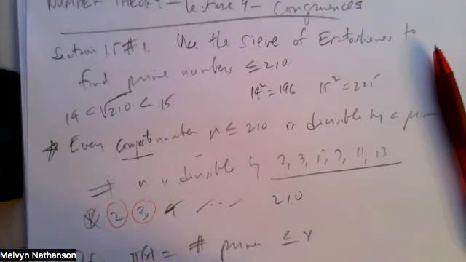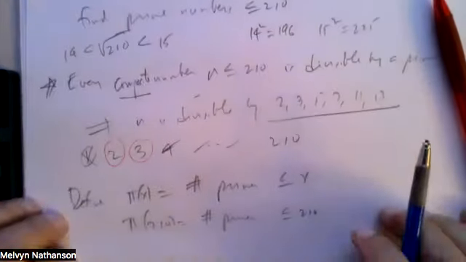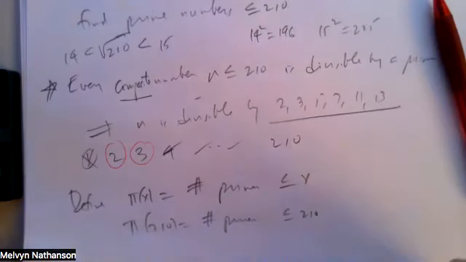So pi of 210 is the number of primes up to 210. And the way you calculate that is you use the sieve of Eratosthenes. You find all the primes up to 210, and then you count how many there are.